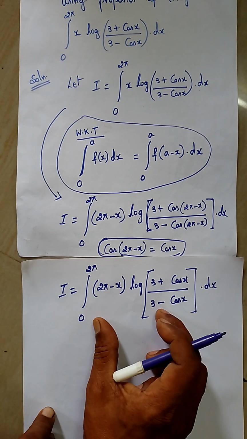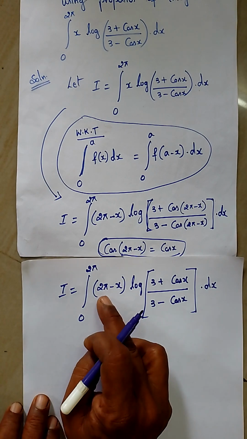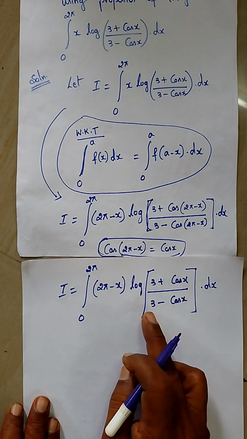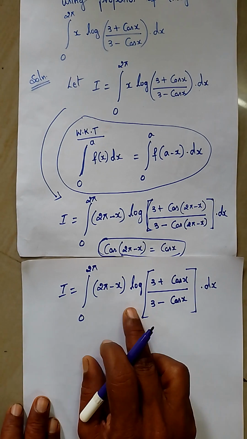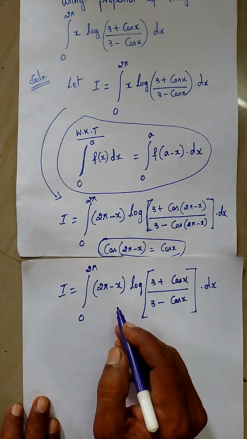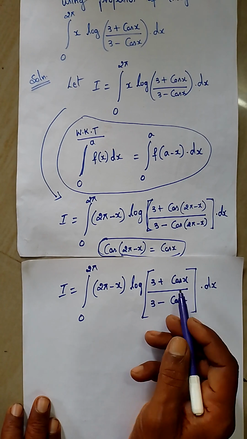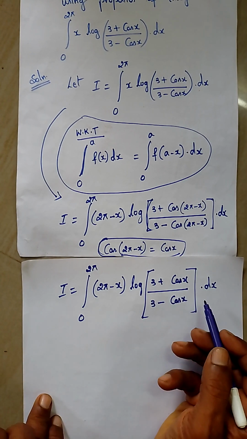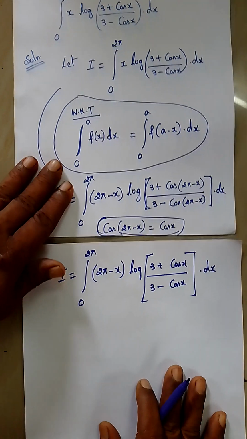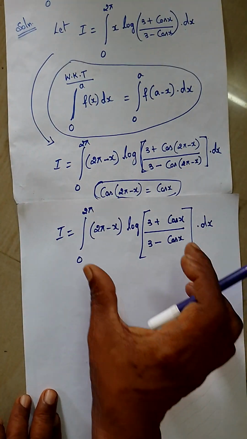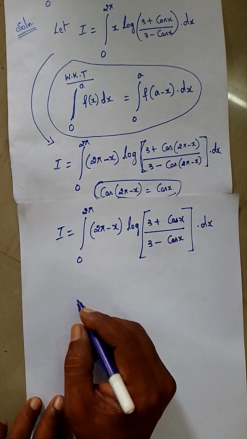Now this can be split into two integrals. 2π into log((3 + cos x)/(3 − cos x)) dx, that is one integral. Another one will be minus x log((3 + cos x)/(3 − cos x)) dx.